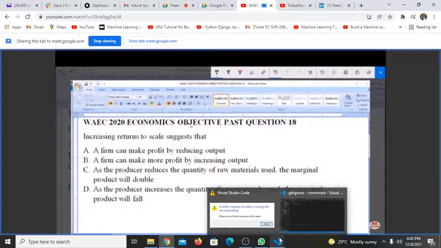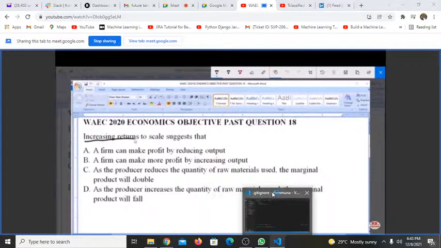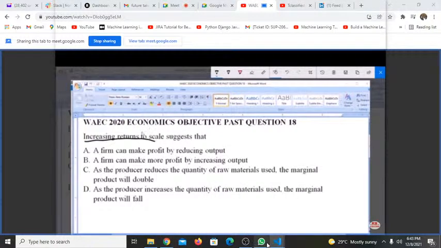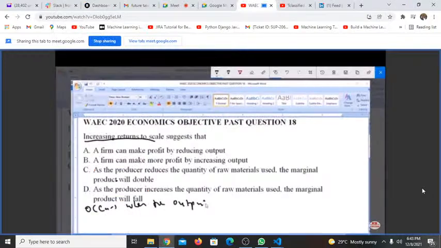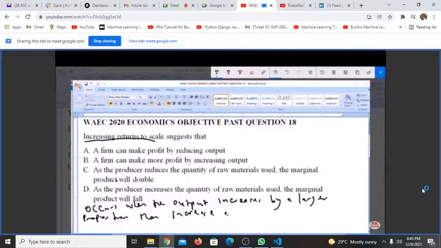So the concept we're looking at here is increasing returns to scale. And increasing returns to scale occurs when the output of a particular firm or business increases by a larger proportion than the increase in inputs during the production process.